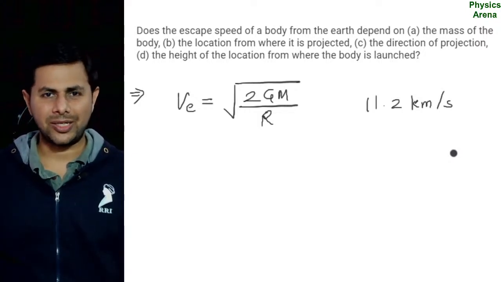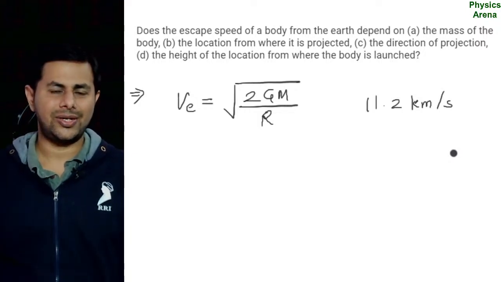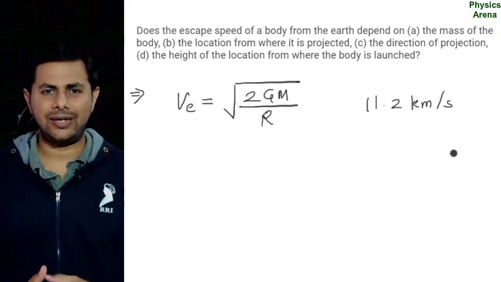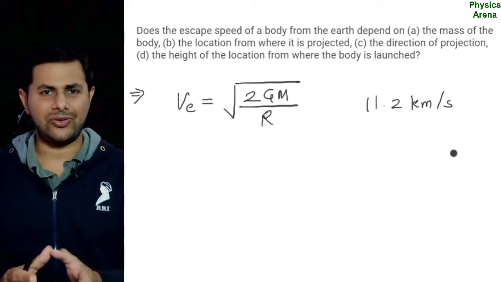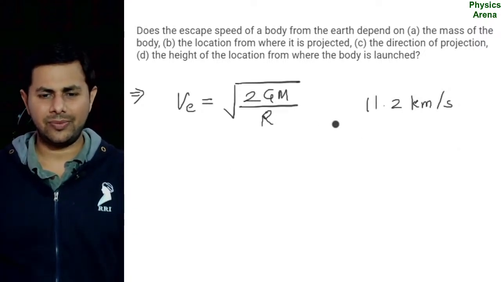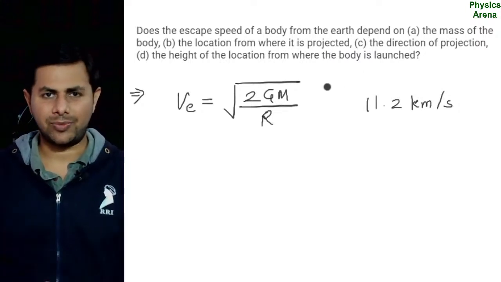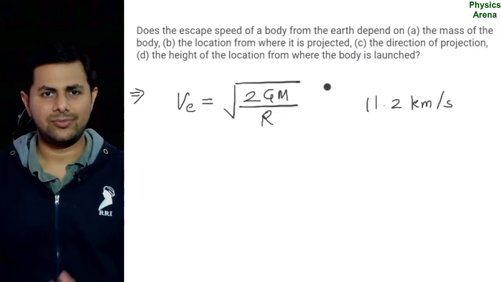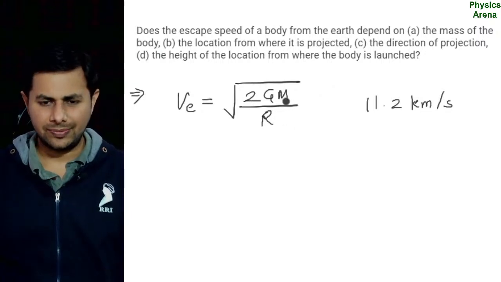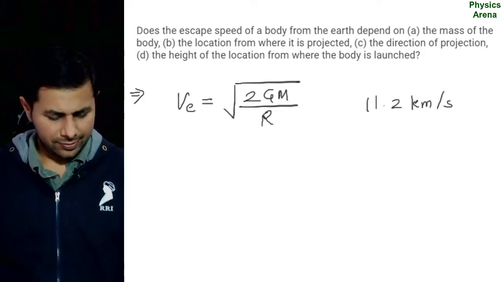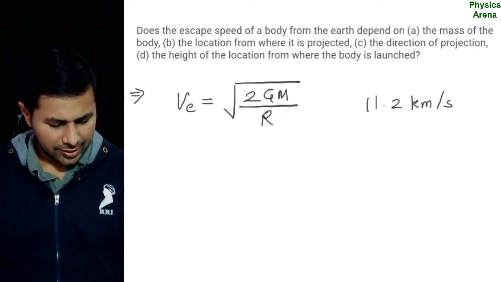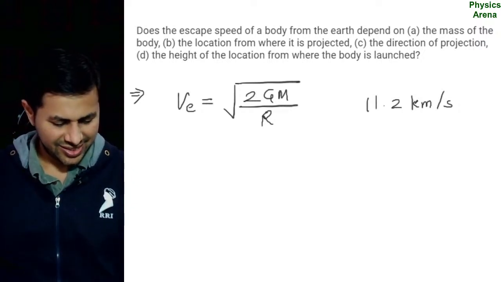The height on the Himalayas and at sea level is not the same, but that difference is very small compared to the radius of earth, so we can almost neglect it. So this is the answer to this question. Hope it is clear.